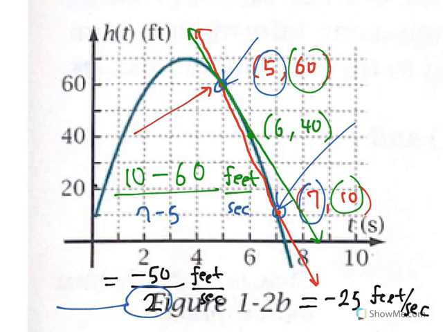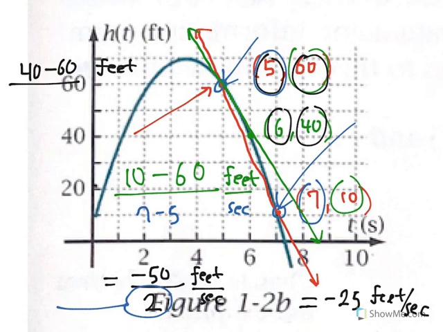And the average rate of change would be, you would subtract the y coordinates of the 2 points. You would have 40 minus 60, and that would be measured in feet. And you would divide that by the change in time, 6 minus 5, which would be 1 second.